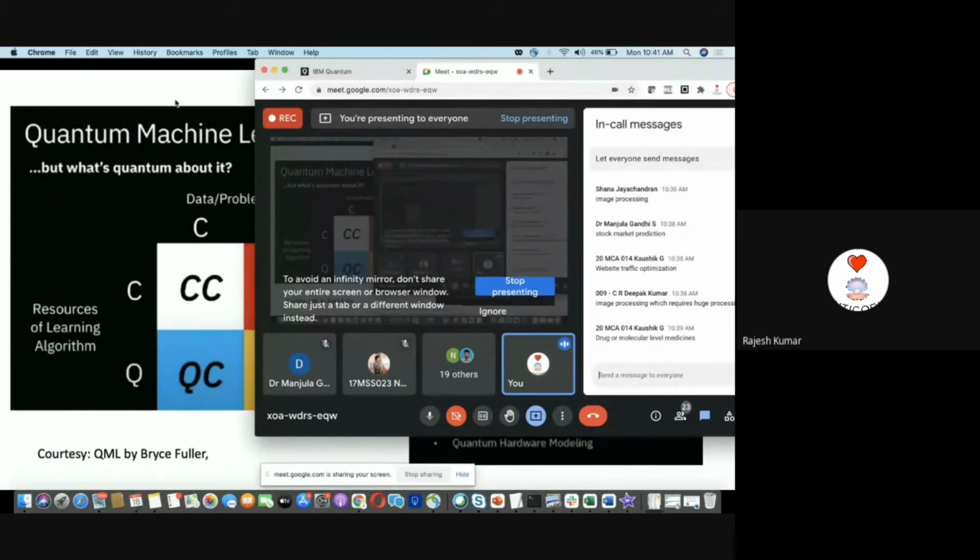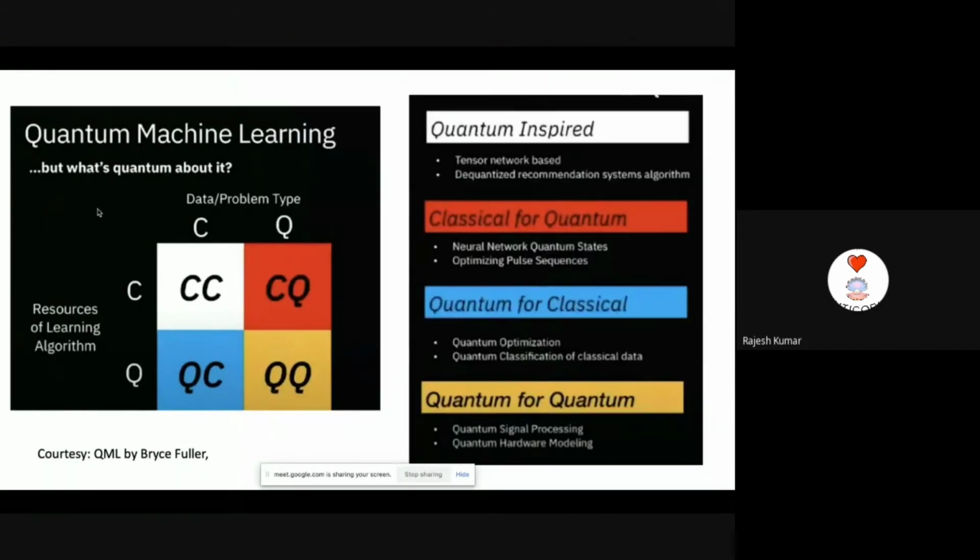Coming back to this slide, that is what we are discussing here. There is quantum data with a quantum problem, and classical data with a quantum problem. And there is quantum data where something is suppressed in the classical.